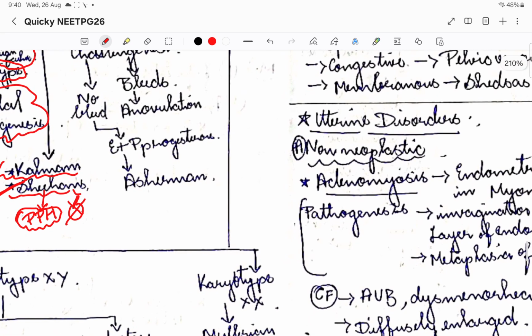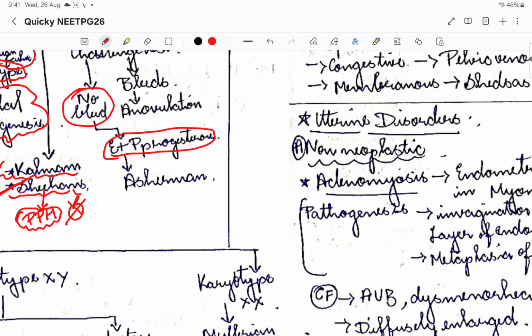If there is no bleed, then we go for estrogen plus progesterone. We proliferate the endometrium, then give progesterone, basically simulating artificial menstruation. Then we see whether the bleeding happens.